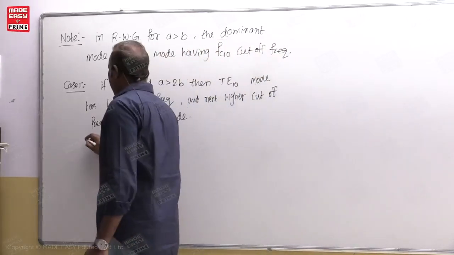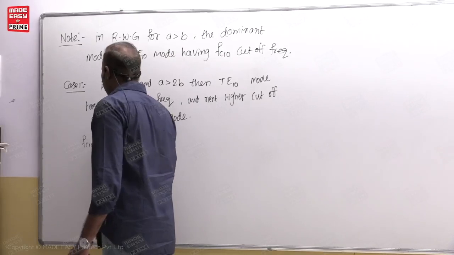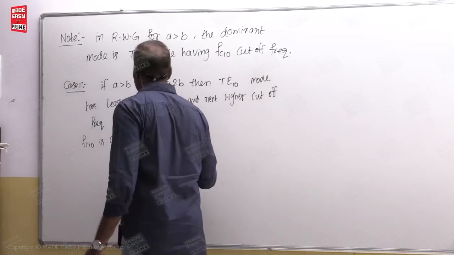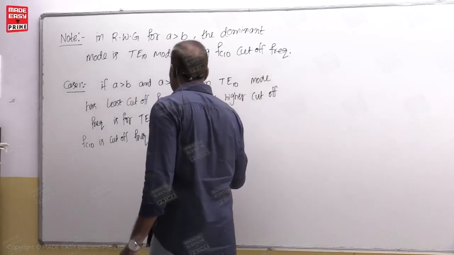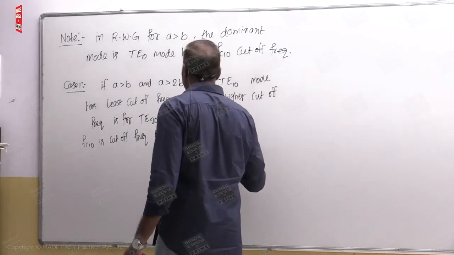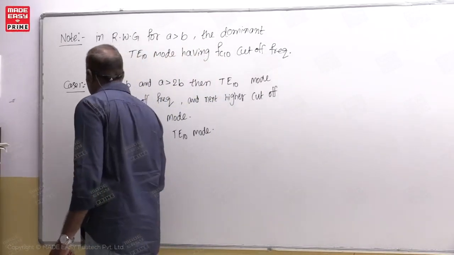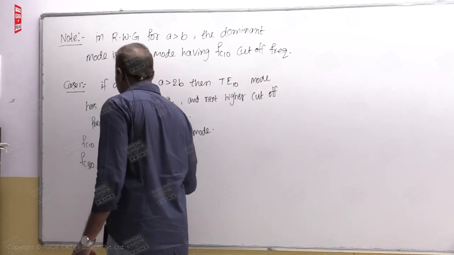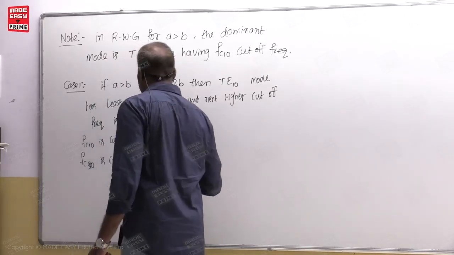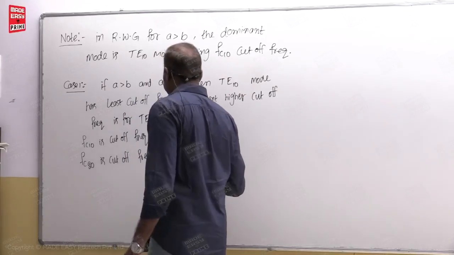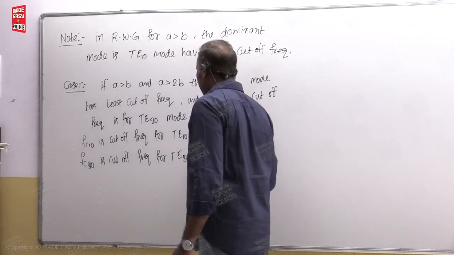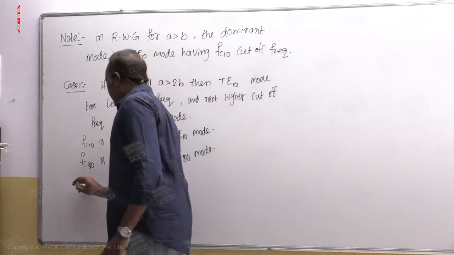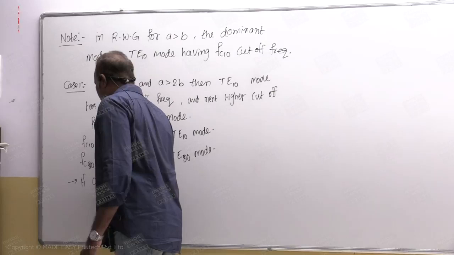That means FC10 is cutoff frequency for TE10 mode. Okay, so FC20 is cutoff frequency for TE20 mode.